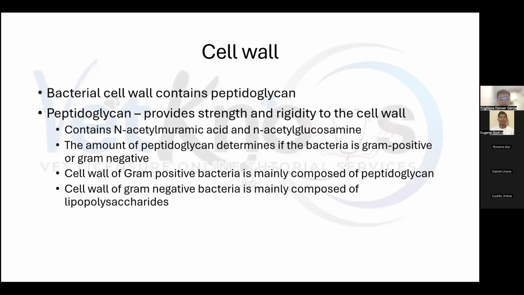So, Gram staining, this was developed by Hans Christian Gram. And this classifies a bacteria if it is gram-positive or gram-negative. Ang basis dyan would be yung CVI complex natin. So for gram-positive bacteria, after staining, yung crystal violet and yung iodine natin, they bind within the cell wall. And for gram-positive bacteria, natatrap sila sa loob due to the abundant peptidoglycan content.